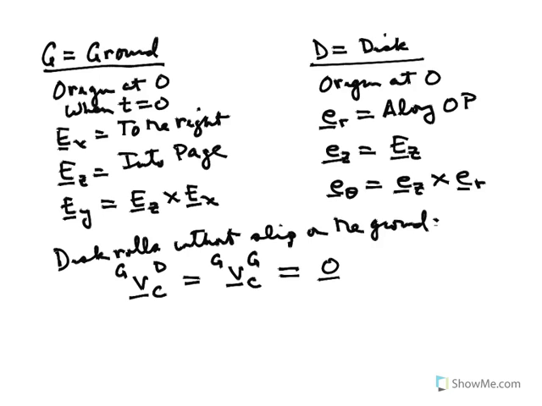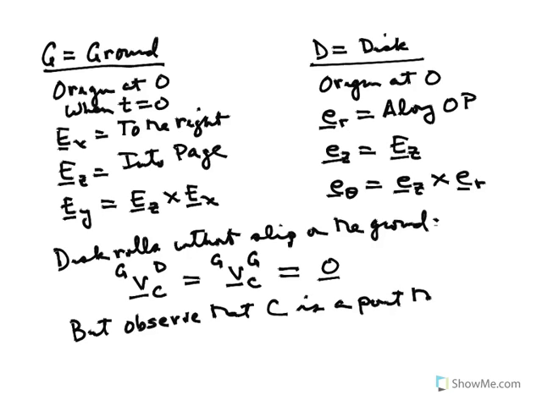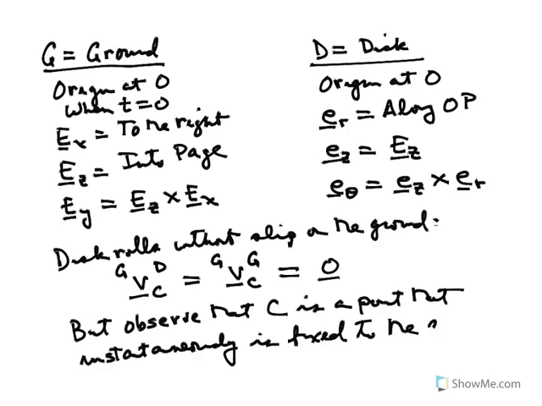But let's write this down. Observe that C is a point that instantaneously is fixed to the ground and to the disk.